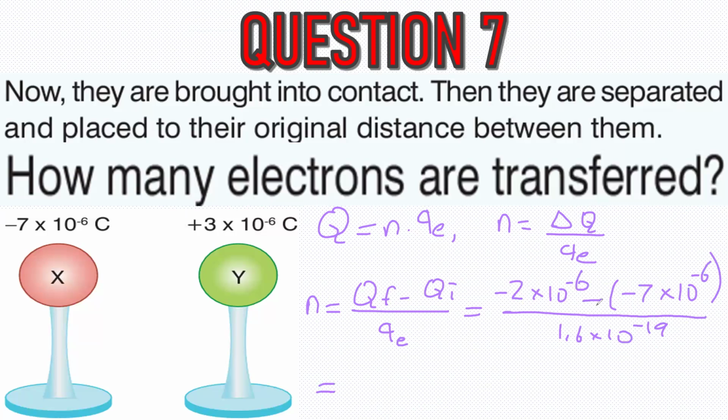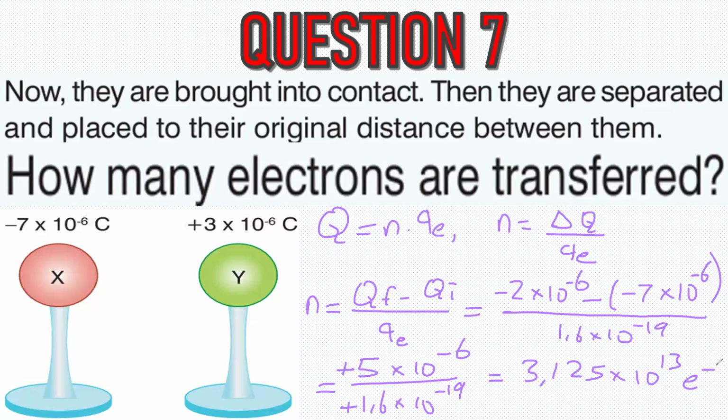So negative 2, positive 7, making positive 5 times 10 to the power of negative 6, over 1.6 times 10 to the power of negative 19. As you see, on top we have positive, and then this Qe changes from negative to positive. Our answer is 3.125 times 10 to the power of 13 electrons. Number of electrons transferred, done.